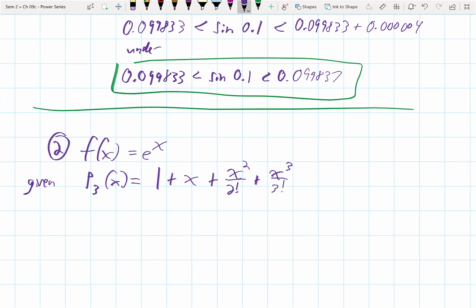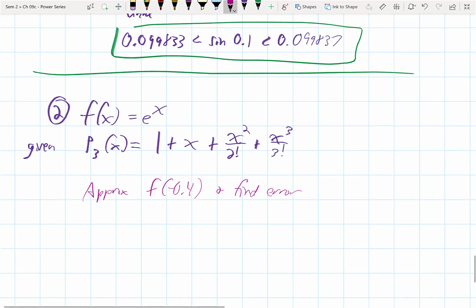And what we are going to do is approximate f of negative 0.4 and find the error. So this is going to be a quick process. You just have to know what to do when this question comes.